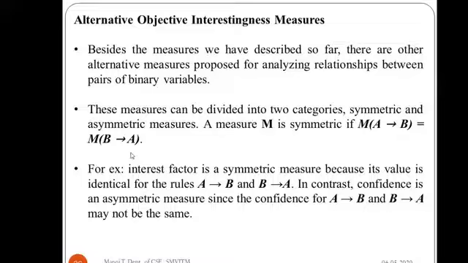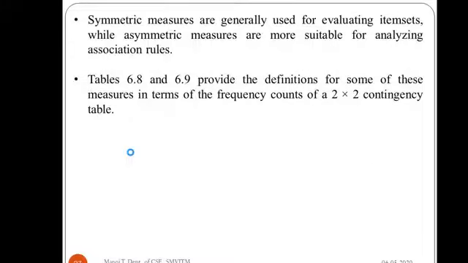So interest factor is a symmetric measure because its value is identical for A implies B and B implies A. In contrast, confidence is an asymmetric measure, since confidence for A implies B and B implies A may not be the same.